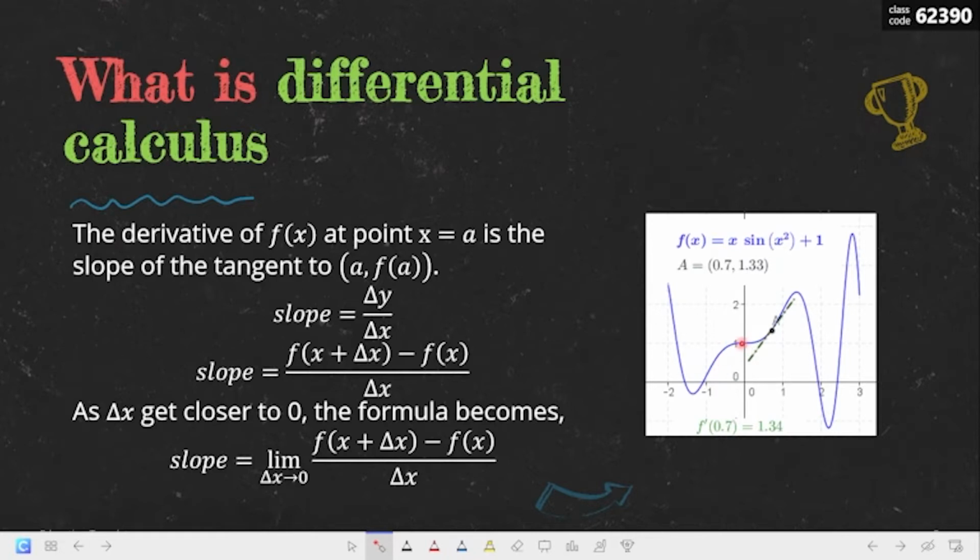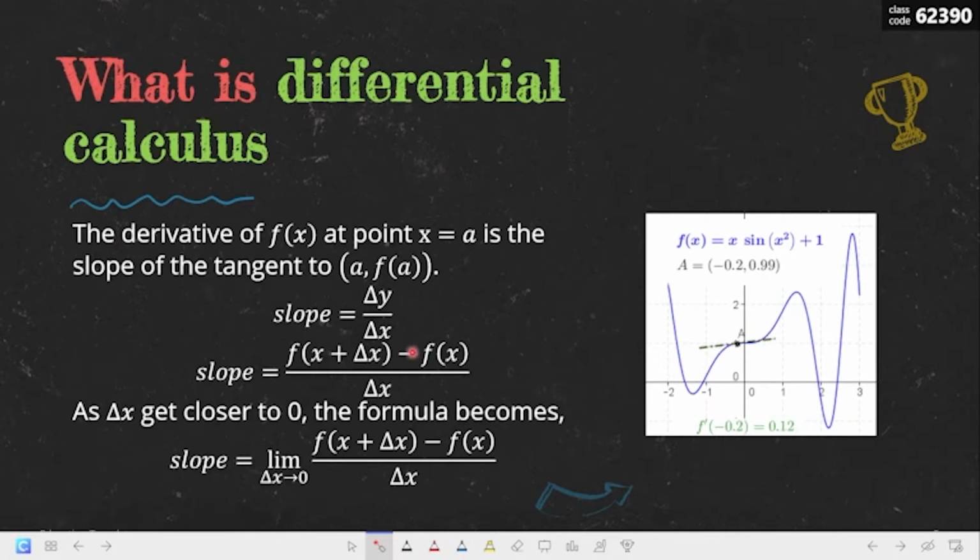This is the curve of the function, and the derivative at point A is equal to the slope of the tangent line at that point. You can observe in this animation that at this point we have a tangent line. This tangent line indicates the derivative of the function at that point.